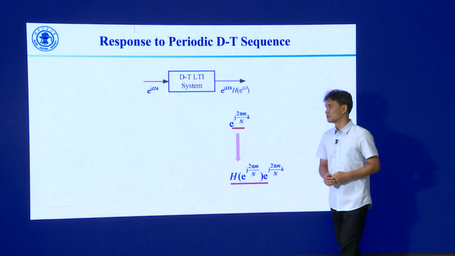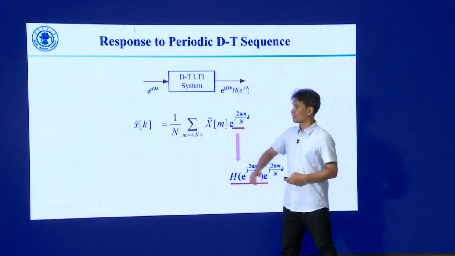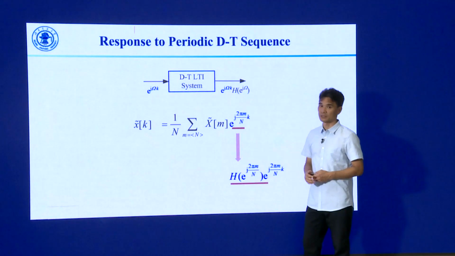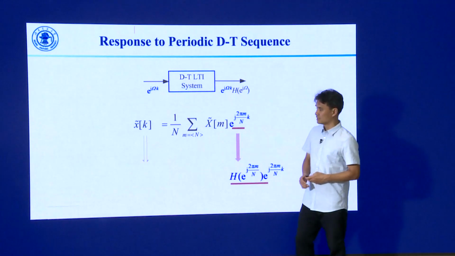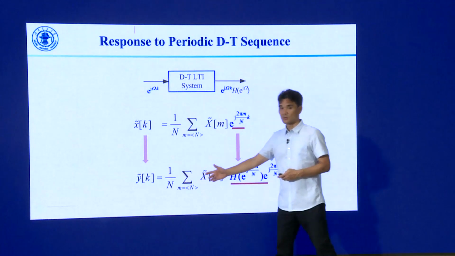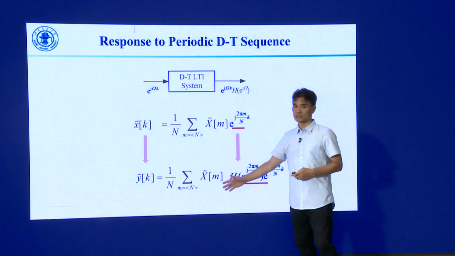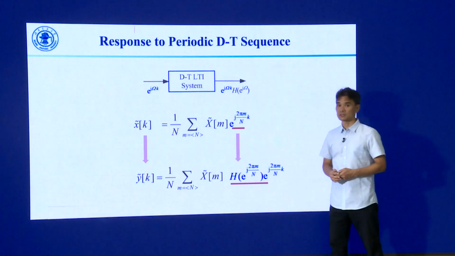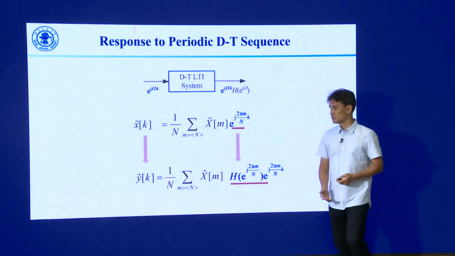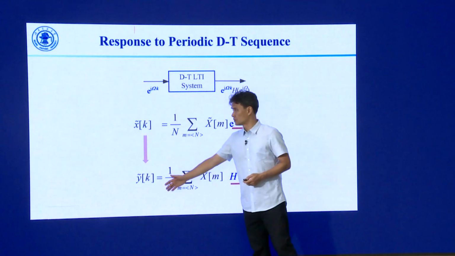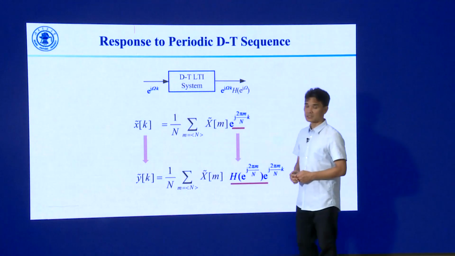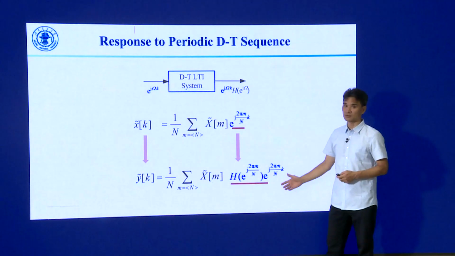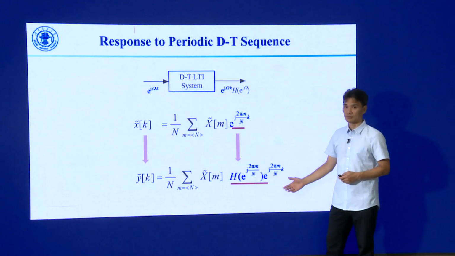And we also know that a periodic signal can be decomposed into a linear combination of imaginary exponential signals, so that the zero-state response will be the same linear combination of the responses to the imaginary exponential signals. In other words, the zero-state response to periodic signals can be represented by the discrete time Fourier series like this.